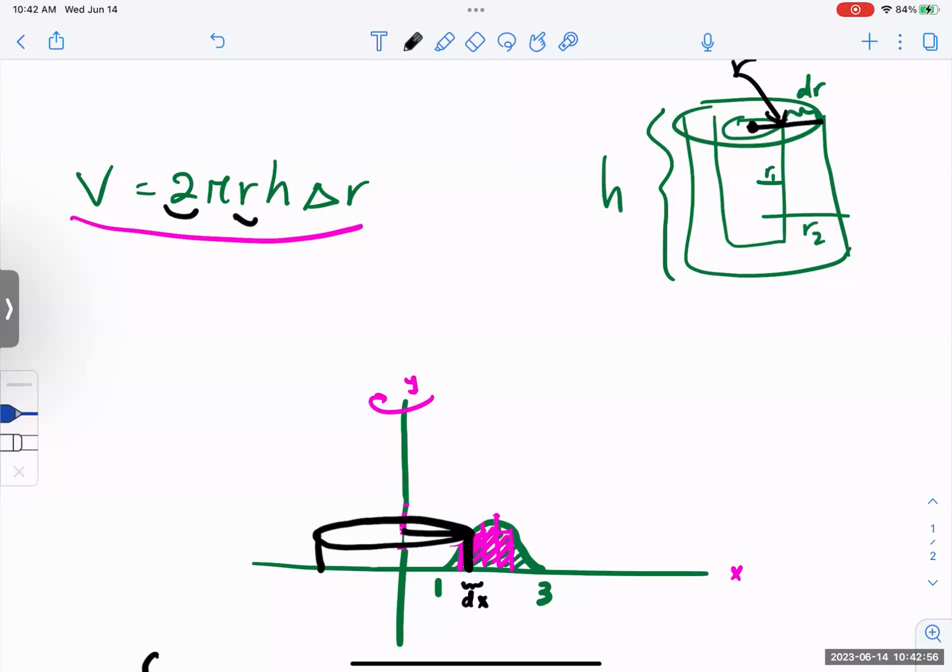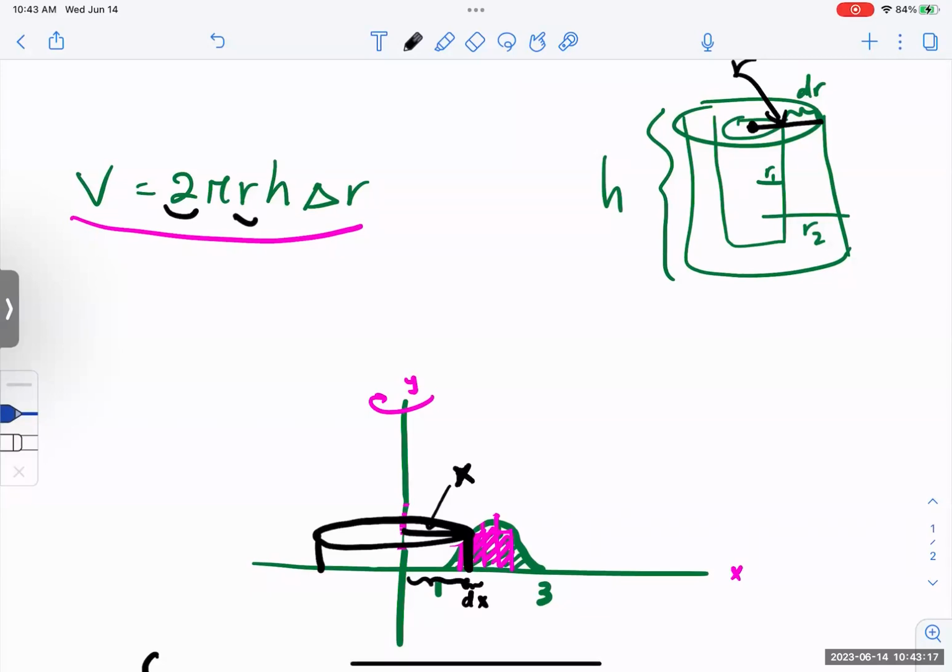Although you see it as two things, we assume all these shells are very, very tiny, so that when we add these shells together, it gives us the volume.